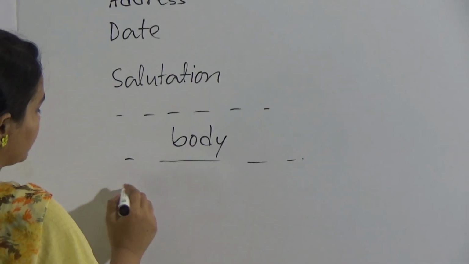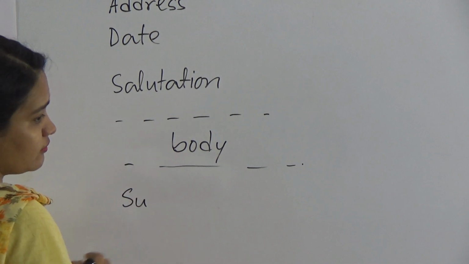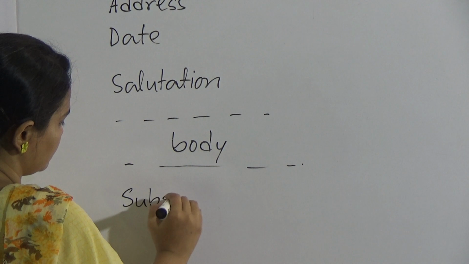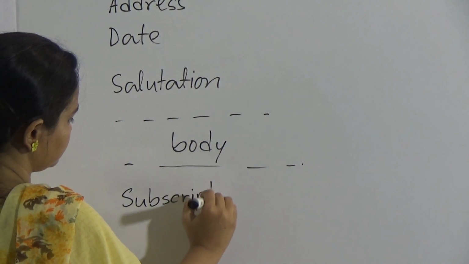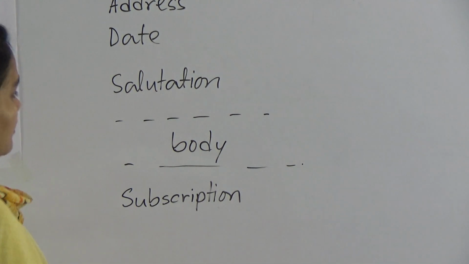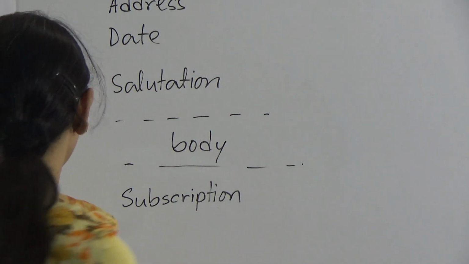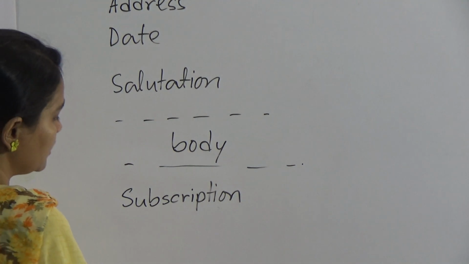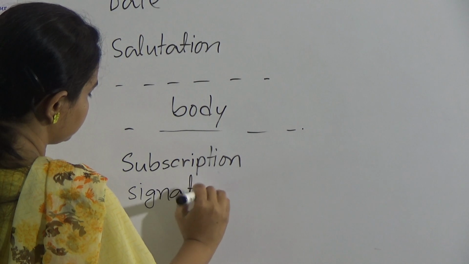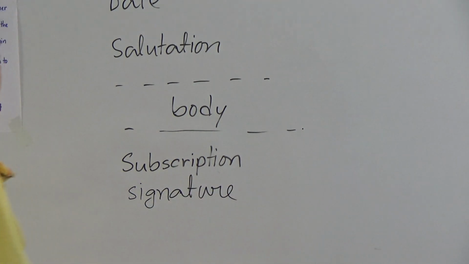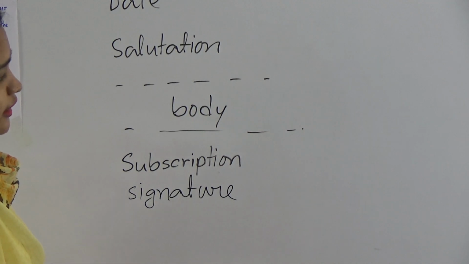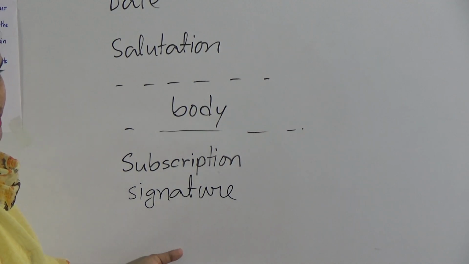Then you will write the subscription after the ending of the letter, like sincerely yours, or yours ever, etc. And then there will be a signature. So these are the 6 parts of the letter, and then we will draw an envelope with pencil.